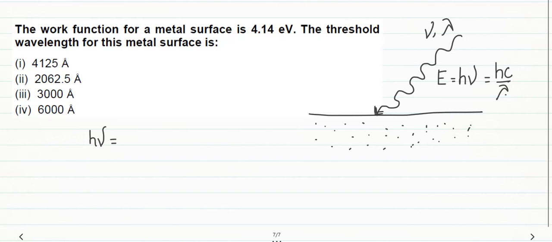A portion of energy is used to come out from the metallic surface, which is called the work function, and the rest of the energy remains within the electron which comes out. So h nu equals W naught plus 1 by 2 m v max square.